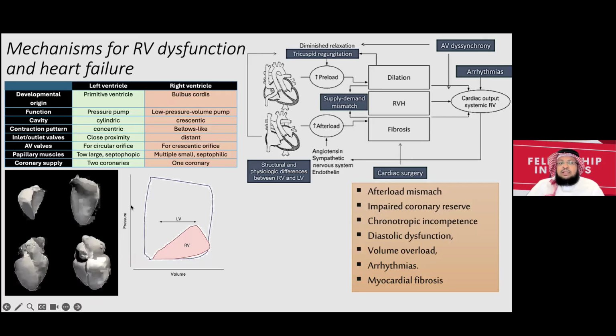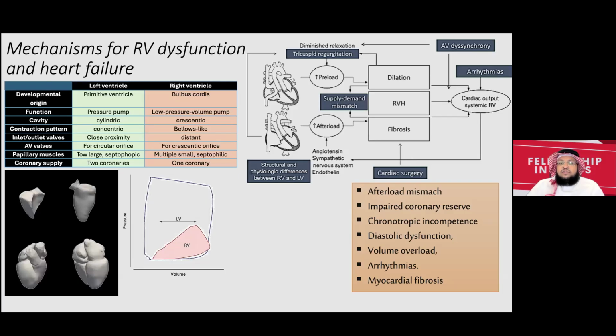The mechanisms of right ventricular dysfunction are many. Basically, the right ventricle is different from the left ventricle: different in developmental origin in embryology, in function, in physiology, in coronary supply, in contraction patterns, in AV valve attachment to the ventricle, and also in papillary muscle distribution.